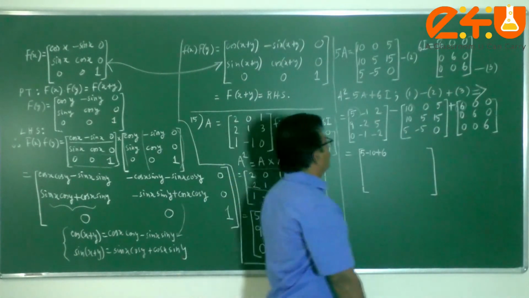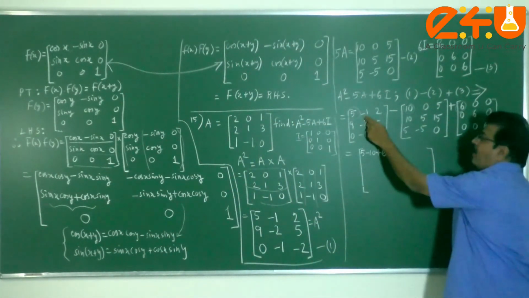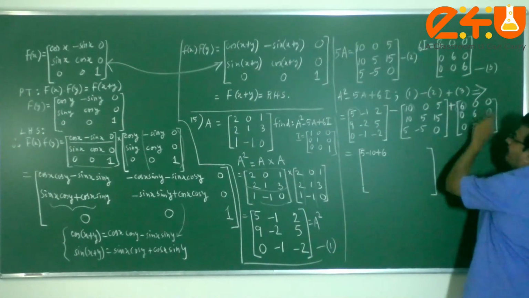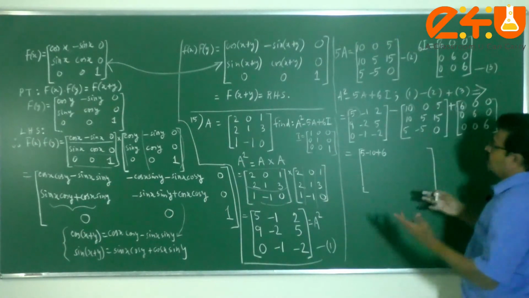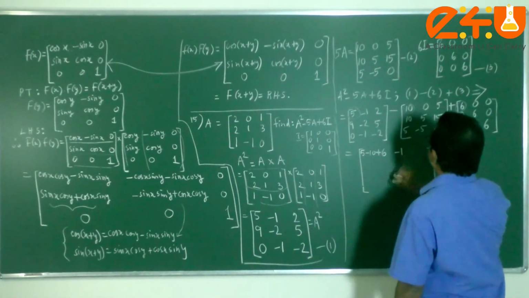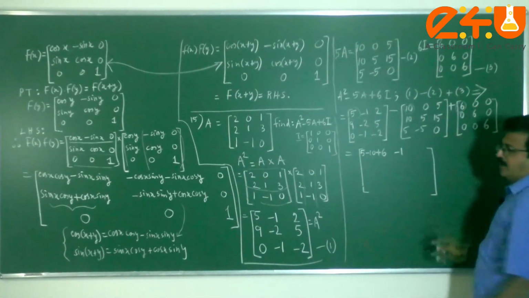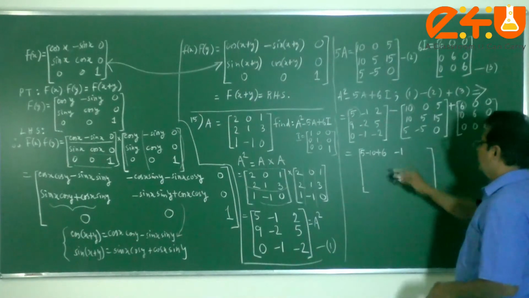And in column 2, let us gather the corresponding elements: minus 1, 0, 0. I think students can comfortably ignore the zeros. So minus 1 and leave it. Minus 0 or plus 0 is not going to alter this number.